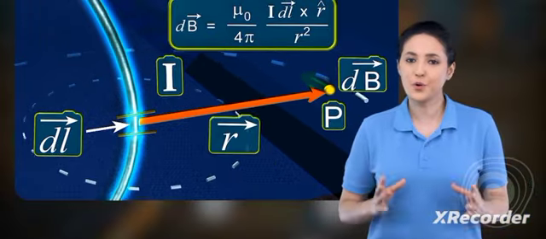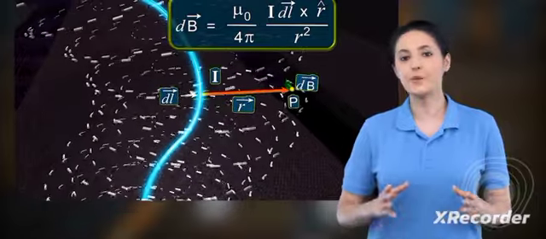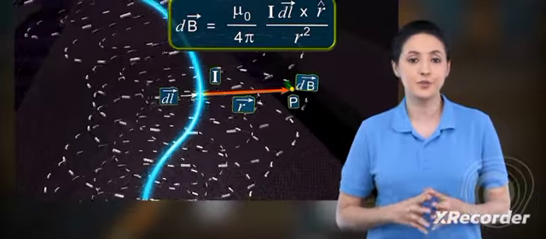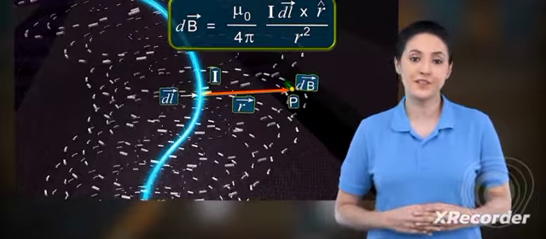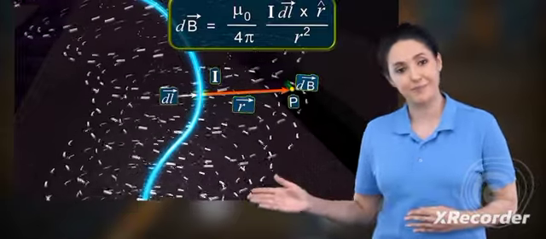The total strength of the magnetic field at P can now be obtained by finding the contributions by individual current elements and taking their vector sum.